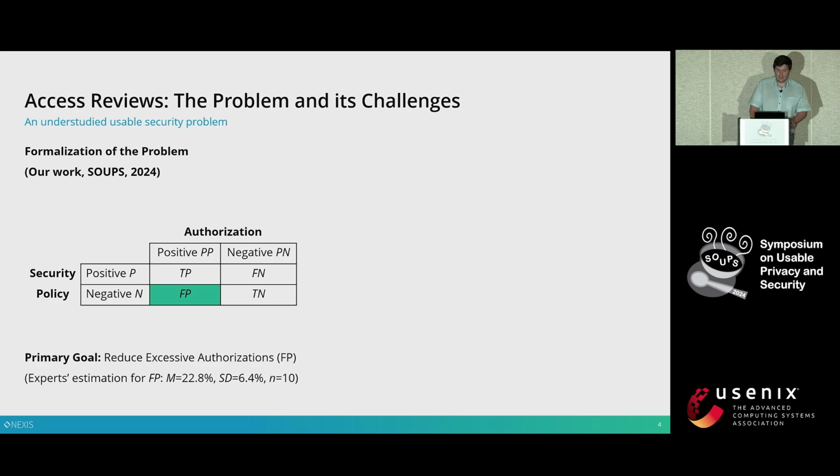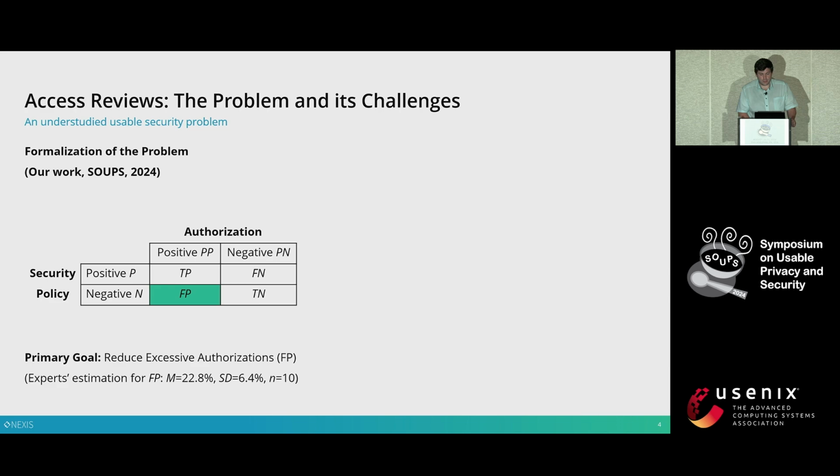In that case, you can have two types of errors. First is false negatives. It's on the upper right side. Those are access errors like missing authorizations. So you should be able to access a certain service, but you can't.